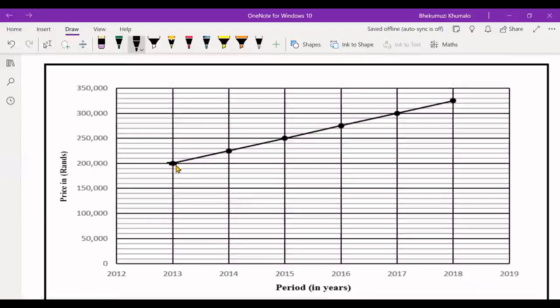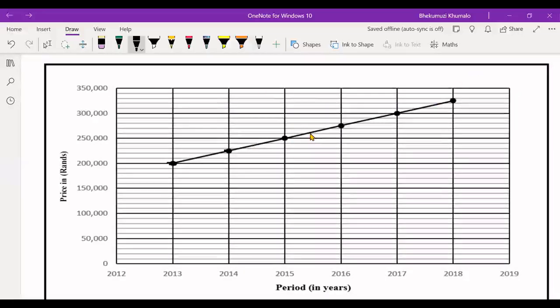The first price was 200,000, and then it goes 225,000, 250,000, 275,000, 300,000, 325,000, and then 350,000.